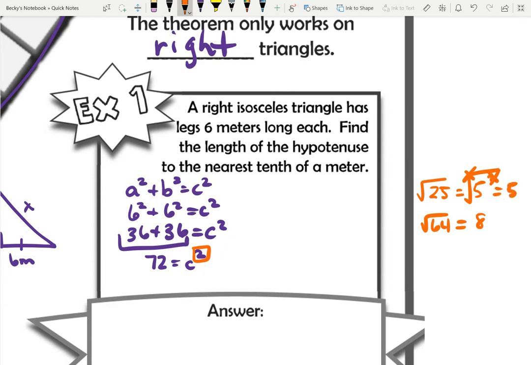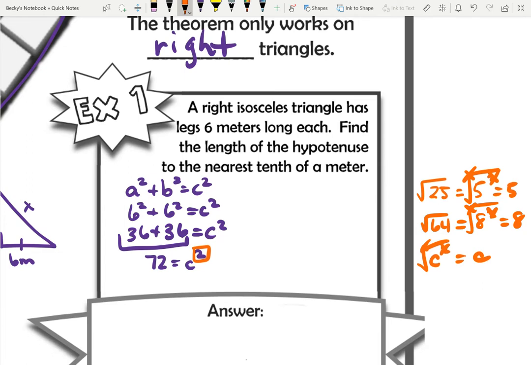So that's why the answer is 5. The same thing with 8. If I square it and then square root it, the square root and the square cancel, and I get the answer of 8. Now, what happens when you have variables? If I have c squared and I square root it, the square root and the square cancel, and you're left with just the variable c.